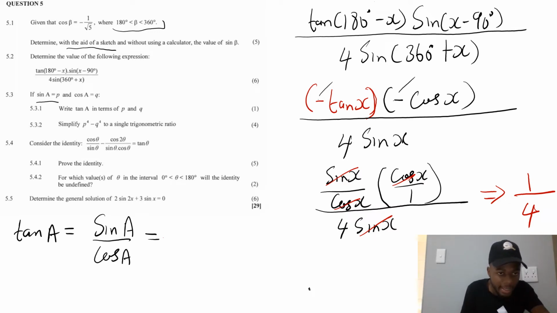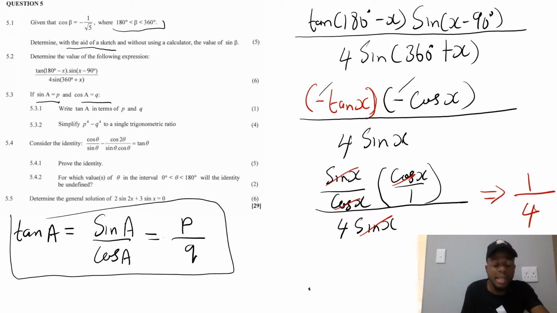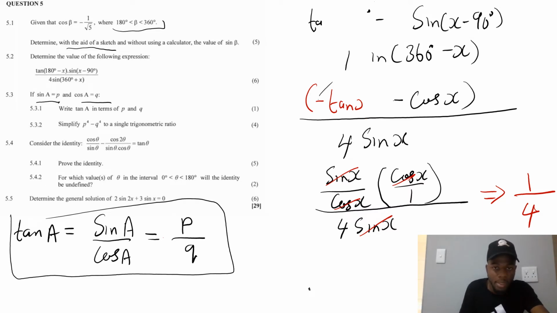Sine A is given as P. What about cos A? Cos A is Q. So tan A in terms of P and Q is P over Q. I hope you understand that one. It only had 1 mark, so this was very simple. Everyone, I hope, was going to get this one. So let's go to the interesting one.